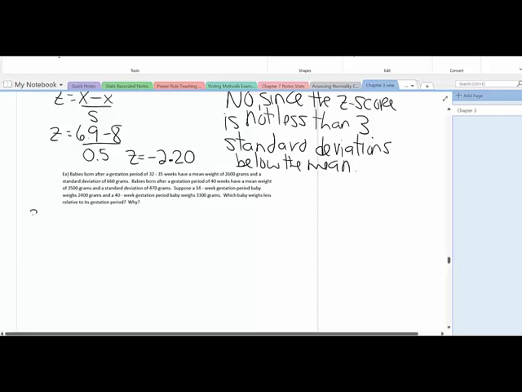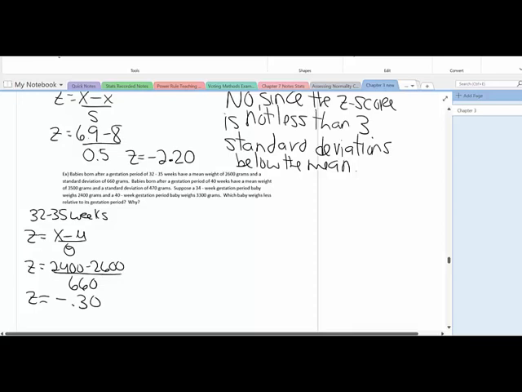All right, so let's start with 32 to 35 weeks first. Z-score, data value minus the mean divided by the standard deviation. So in this case, that's going to be what? 2,400. The mean is 2,600. Standard deviation is 660. So rounding to 2 decimal places, that's this.